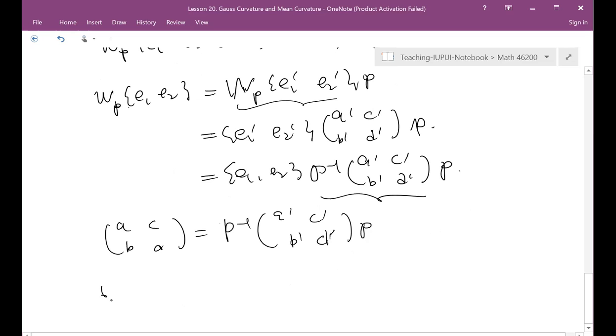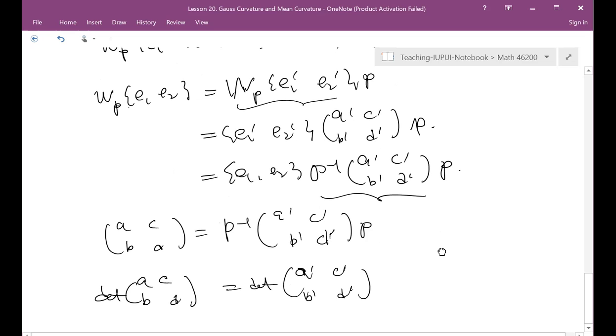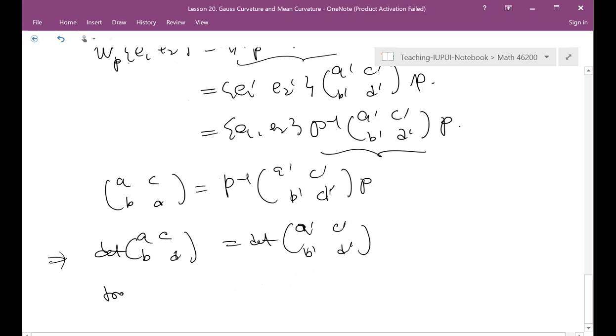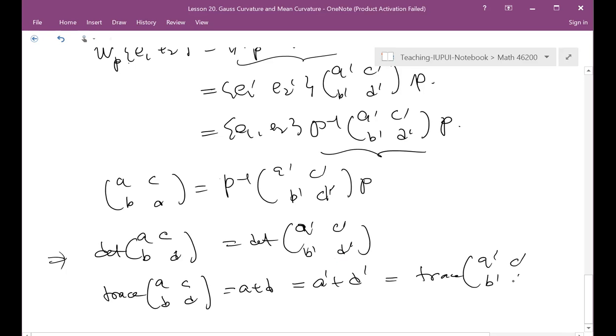So clearly the determinant is the same, really independent of the choice of the basis, a review of linear algebra. And the trace of the matrix, that's the sum of A plus D, the numbers on the diagonal, based on this identity, is the same: A prime plus D prime, which is the trace of this matrix.